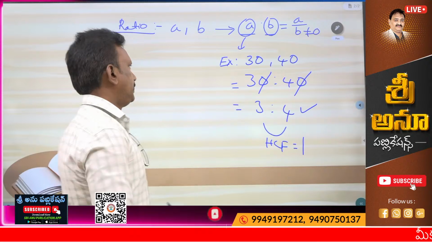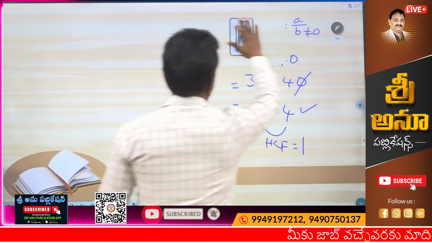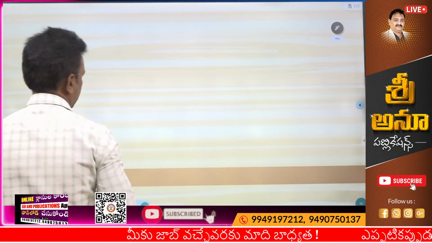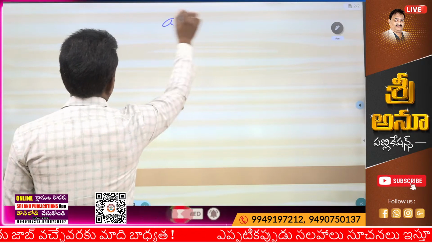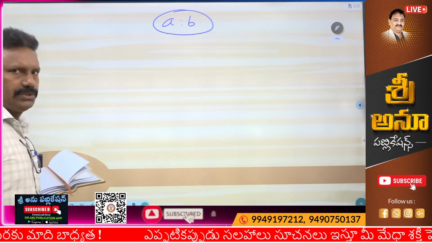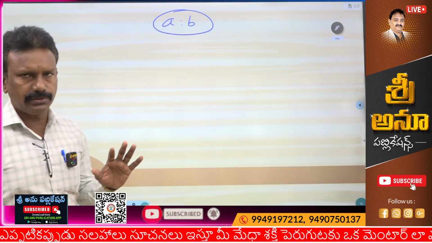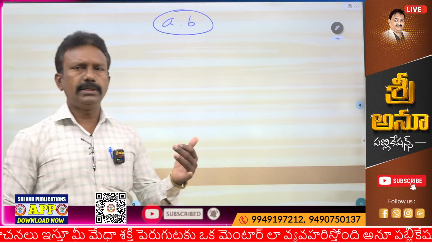The next concept is types of ratios. Take the ratio A is to B. Mainly there are 5 types of ratios: inverse, duplicate, subduplicate, triplicate and subtriplicate.